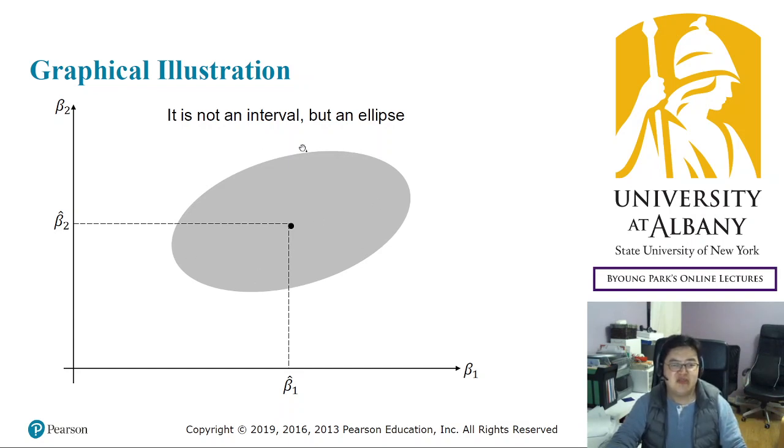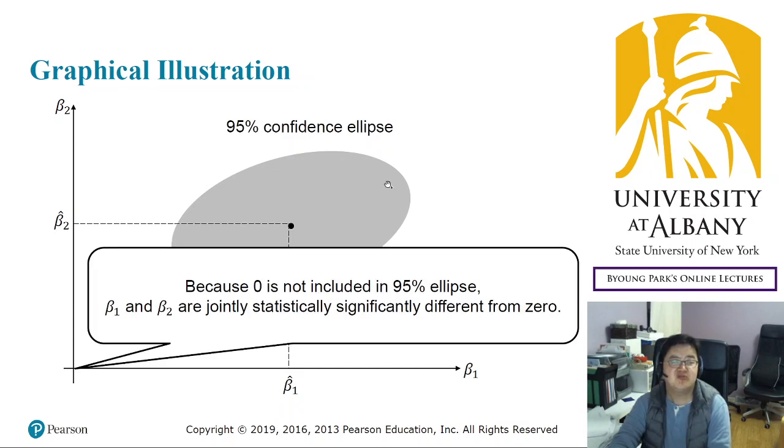How we calculate this is not that straightforward. You don't need to calculate the area, but I will show you what kind of commands you can use in Stata to do this. And once you obtain this gray ellipse, then you can say the same thing. Here, this gray ellipse does not include 0. The origin, the 0 point, is here.